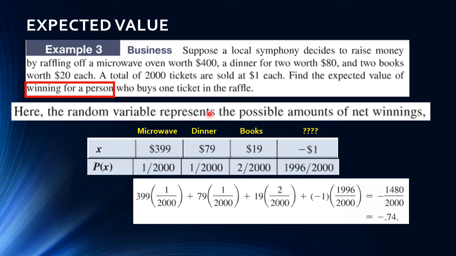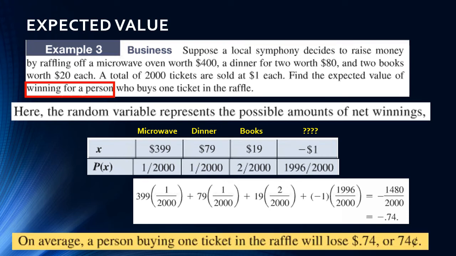Remember, we're talking about winnings. Find the expected winning for a person. Well, this is -0.74. So what does that mean? On average, a person buying one ticket in the raffle will lose 74 cents. Remember, we're talking about money, so it's 74 cents.